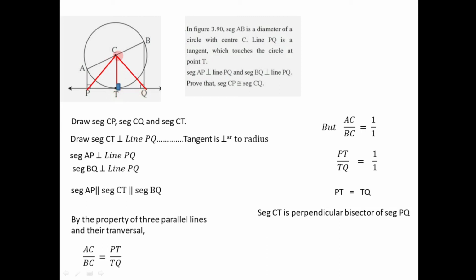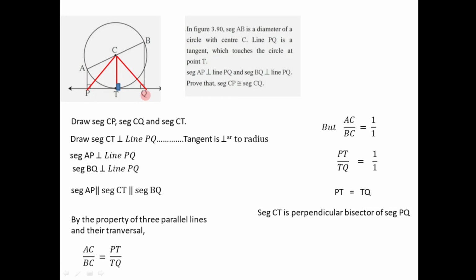That means segment CT must be a perpendicular bisector of segment PQ. And we know the property of perpendicular bisector, that every point on the perpendicular bisector of a segment is equidistant from the two end points of the segment.